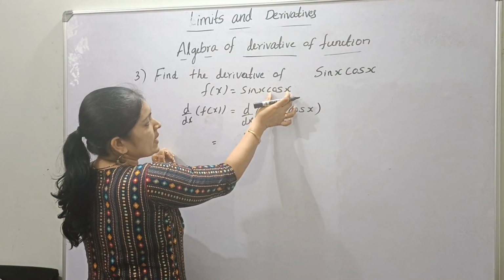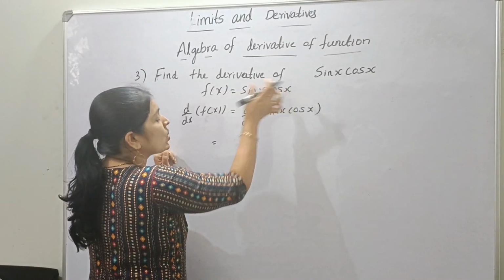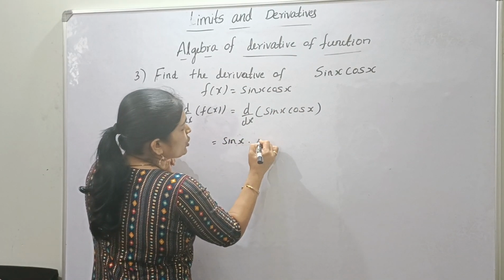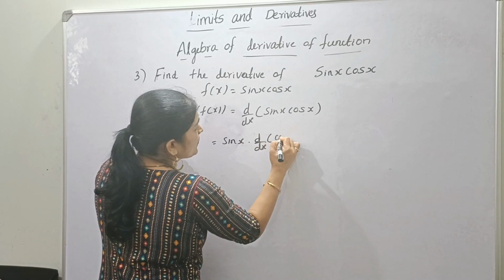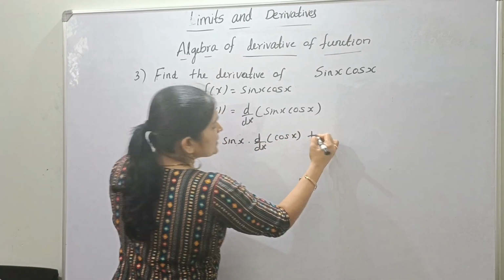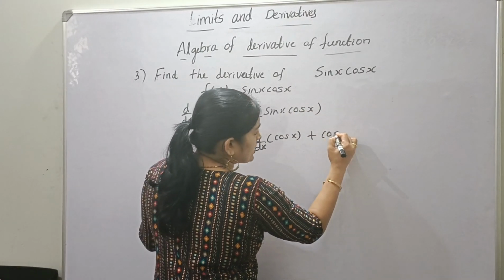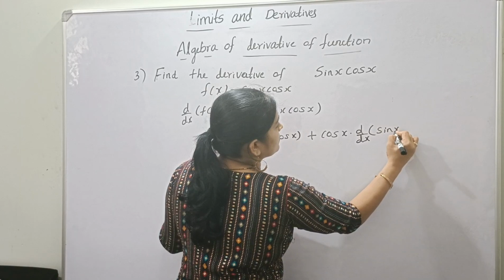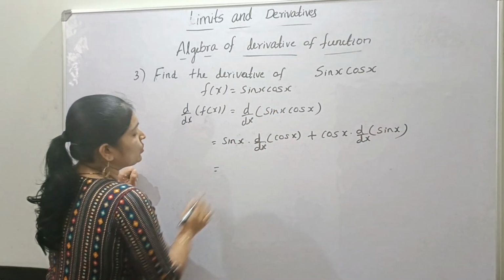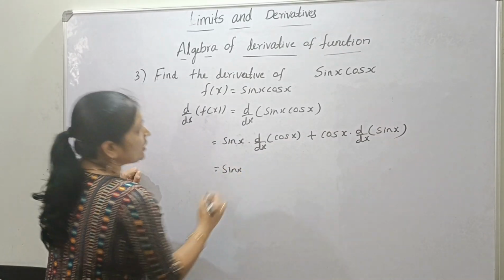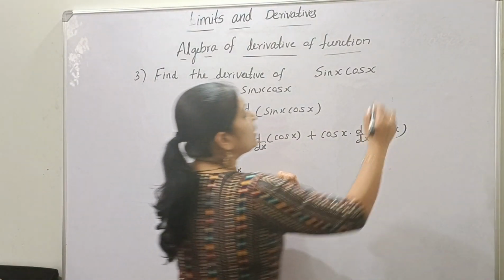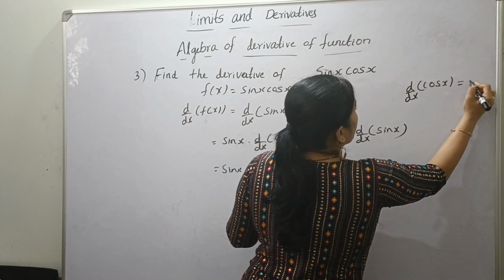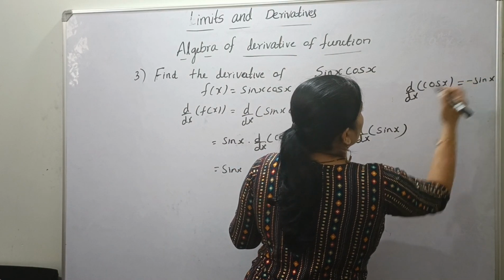Consider the first function as sin x, second function as cos x. So first function, that is sin x into derivative of cos x, plus second function cos x into derivative of first function, that is equal to sin x into, here see we have already found the derivative of cos x is minus sin x from first principle, right?